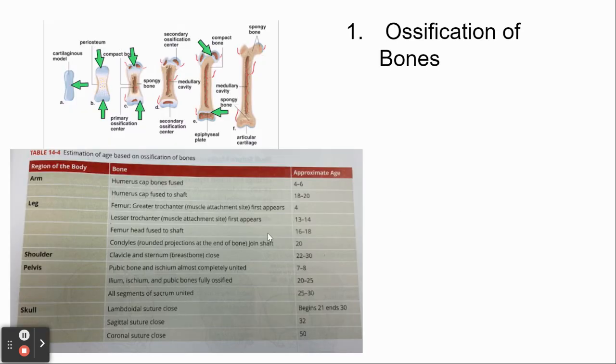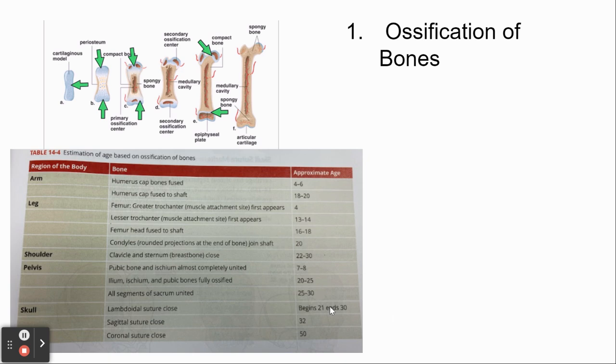But what I have on here is just, in general, some ages at when you're going to see a lot of the ossification processes take place, right? And so again, if you combine different pieces and parts of these, you can get an idea of how old someone may have been when their skeleton was left there.